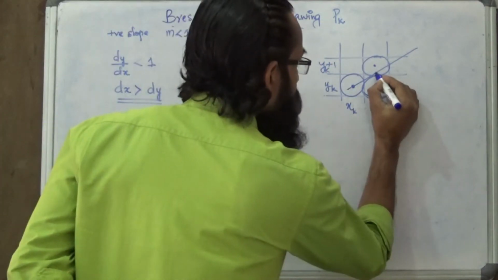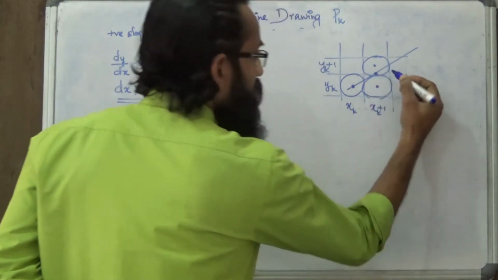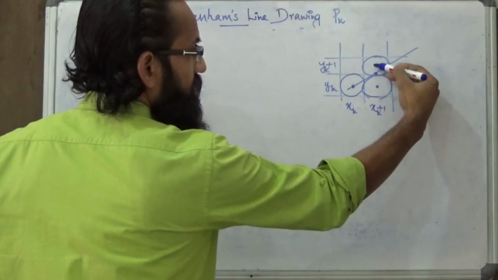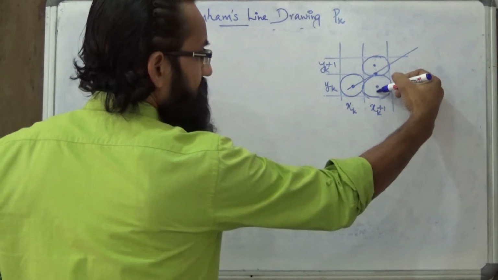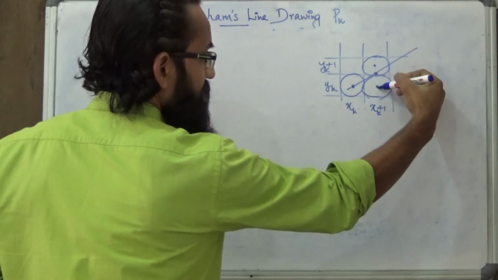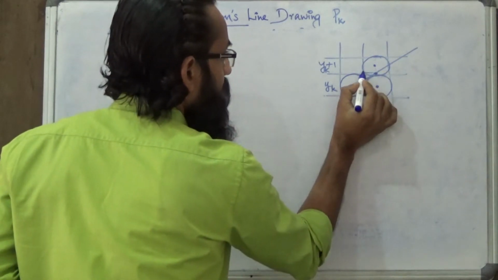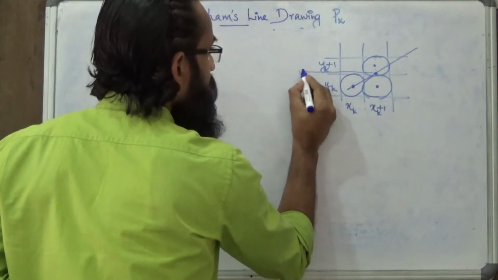So let this be the point that actually syncs with the pixel center corresponding to xk plus 1, and the corresponding y value, let it be y.